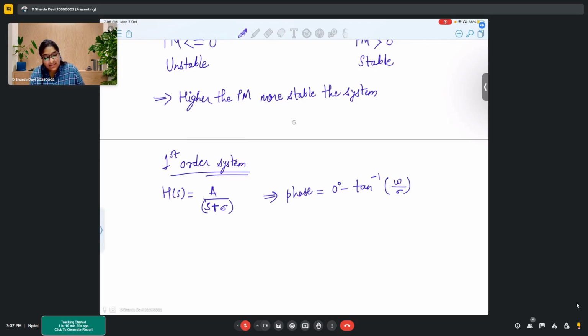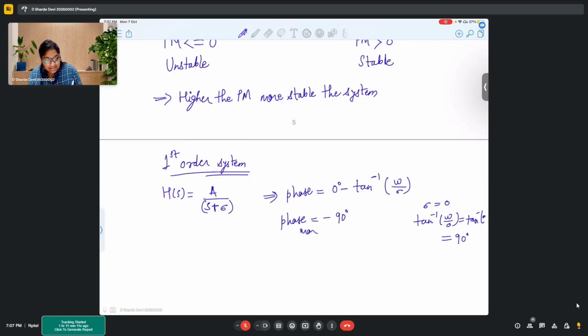Now, what is the maximum phase that you can obtain? Let's say if my sigma is 0, that makes my tan inverse omega by 0, which is tan inverse infinity. So this is 90 degrees, correct? So the maximum phase that can be introduced either by a pole or a zero is 90 degrees. Since it is a pole, the phase introduced by the pole would be minus 90.